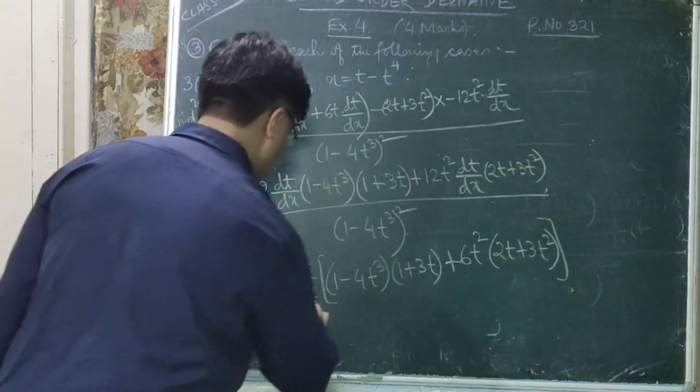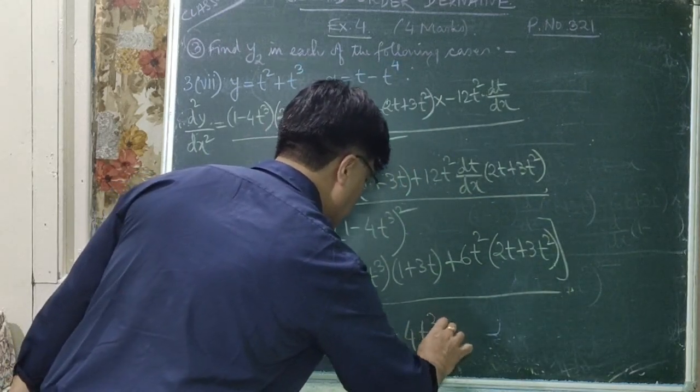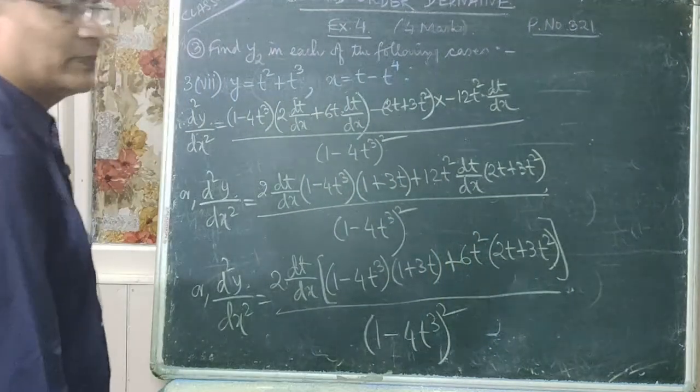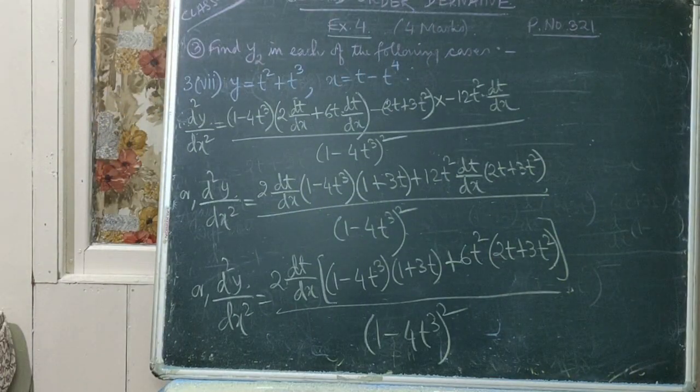Your third bracket is closed. The whole is divided by 1 minus 4t cube whole square. Is that clear? So you can copy it. I think you have understood it.